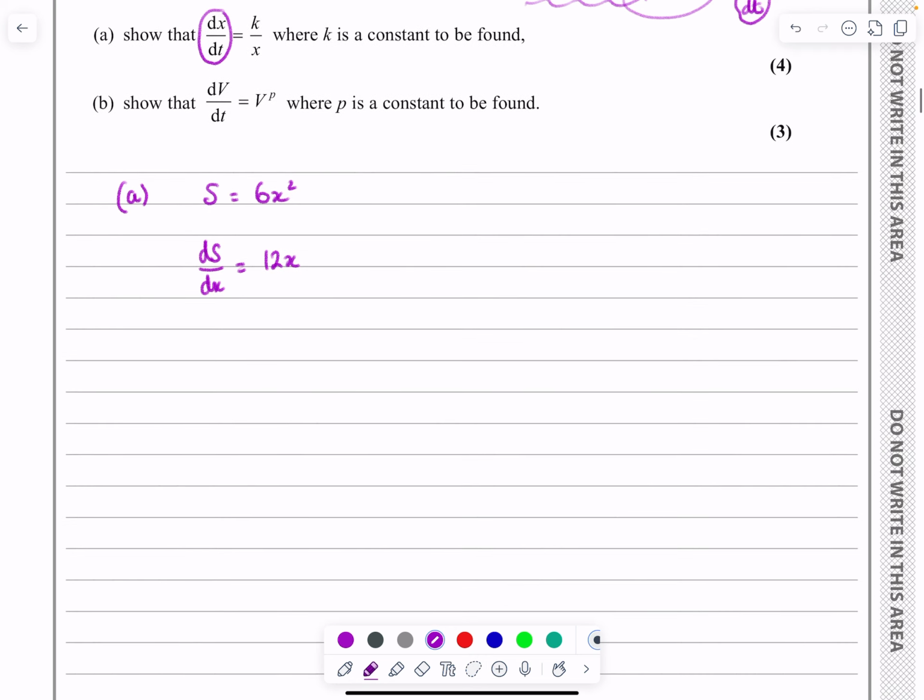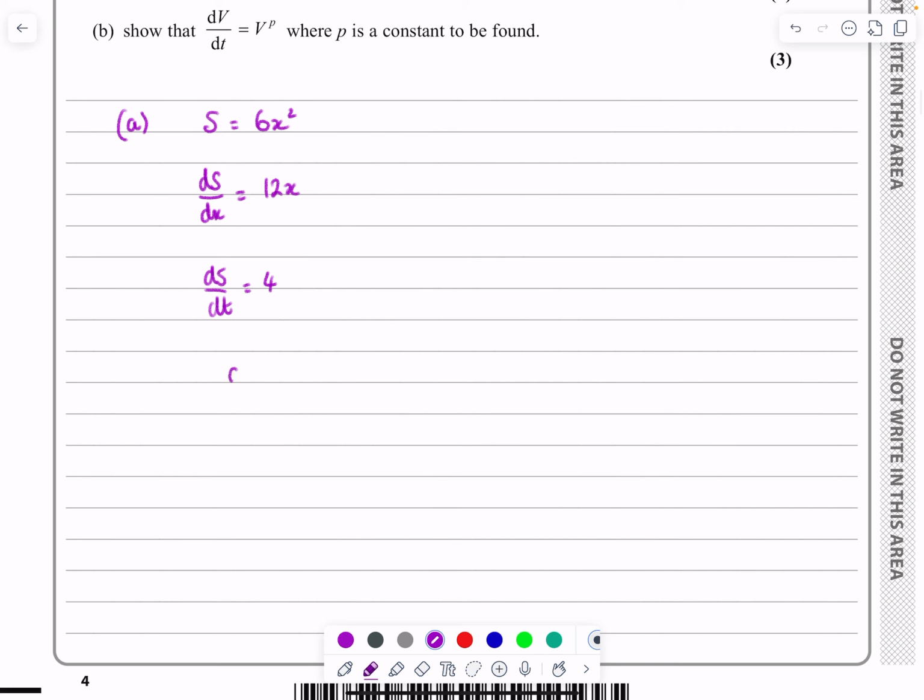And then they've told me that ds by dt in the question is equal to 4. So if I want dx by dt, which I do, as my question for part 1, that's dx by ds multiplied by ds by dt.